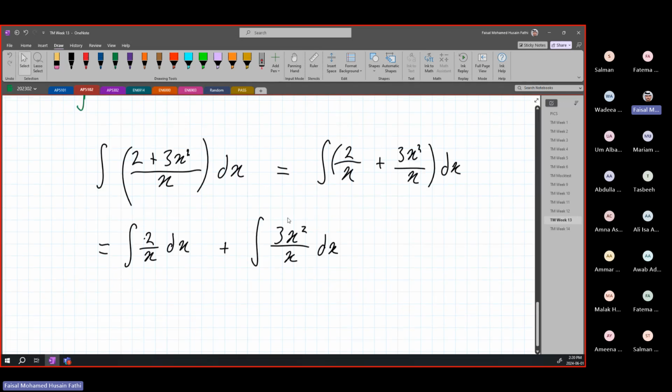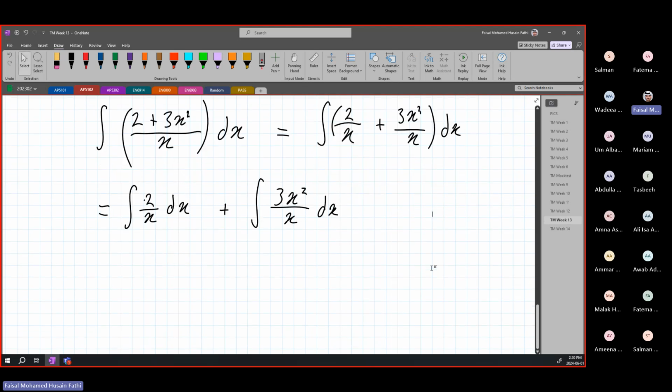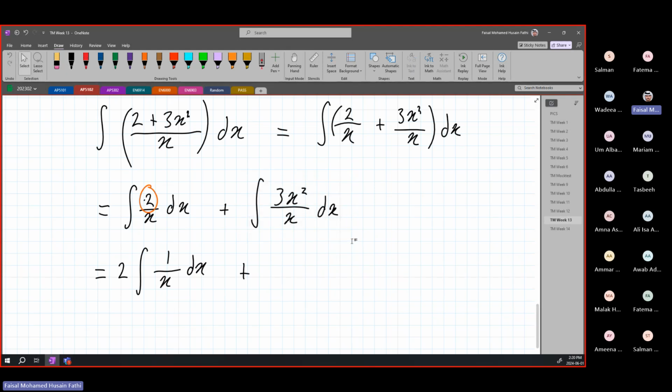If you have a plus or minus and you have components on the right and left, you can integrate each one by itself. So this is how you would solve this. For the first one, 2 is a constant, so we can just keep it outside of the integration: 2 times the integration of 1 over x dx. Plus, for the second, x squared over x simplifies and becomes 3x.